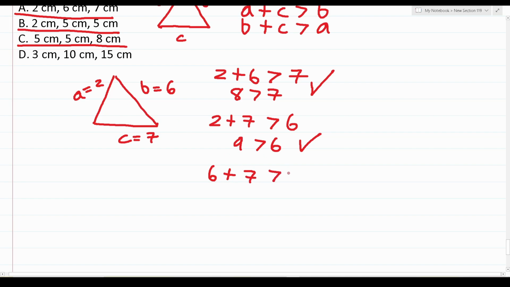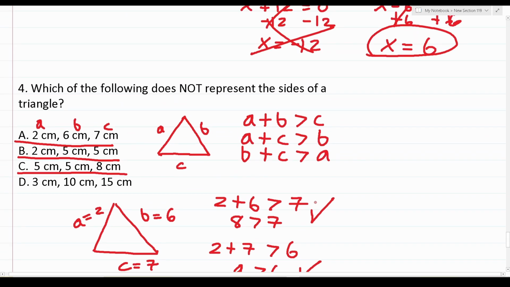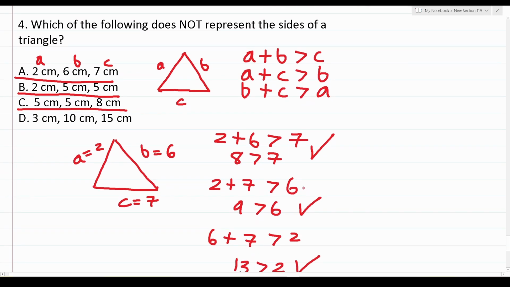That has to be greater than A, which is 2. 6 plus 7 is 13, so 13 has to be greater than 2. It is. So since these side lengths all passed the Triangle Inequality Theorem, we know that A is in fact a triangle.